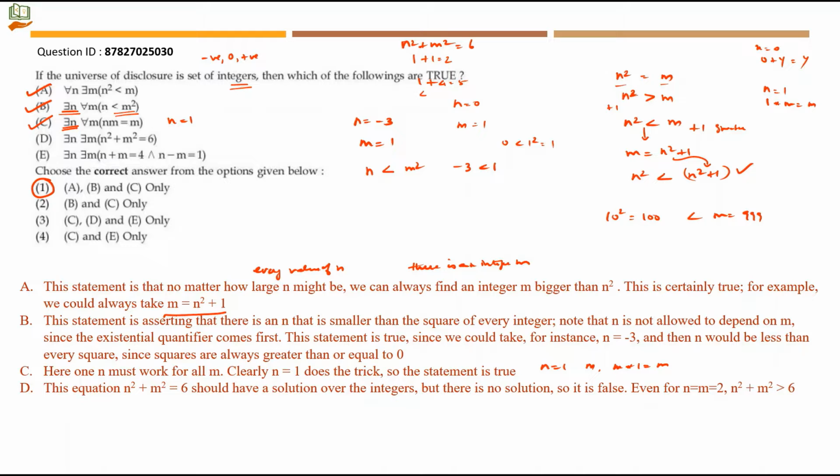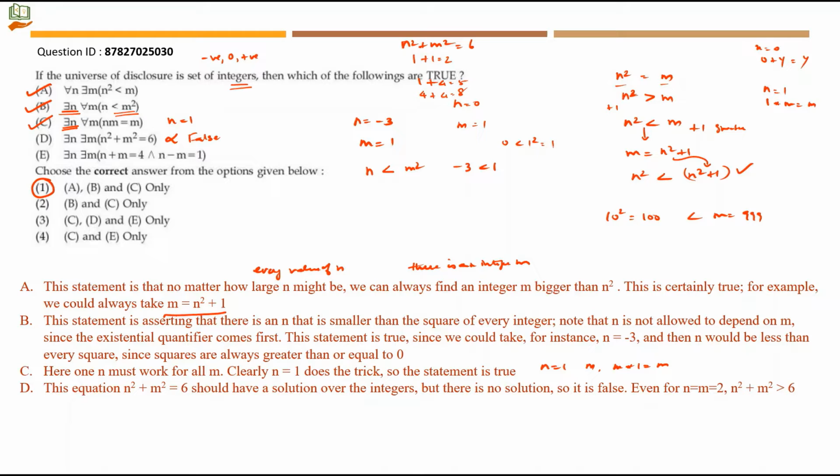Then if we take 2 square 4 plus 2 square 4, it will give 8. There is no possibility that we will get 6. Which numbers, when they are squared and added together, will give 6? There is no such number available for a particular value of n or particular value of m. There is no way that you can get 6. That's why D is out of the choice. So D is actually false.